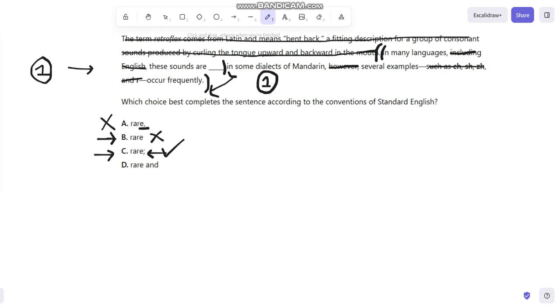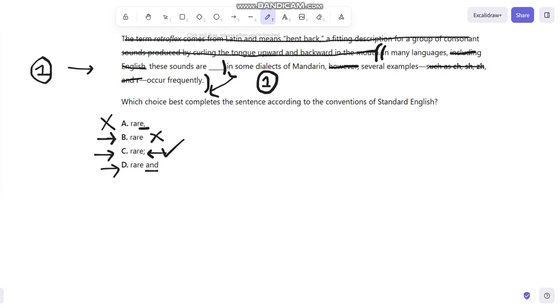Also, let's check out option D. Just one thing that makes it different from C is we have used "and," a conjunction. Notice that if you use "and," you cannot separate or join two different sentences.